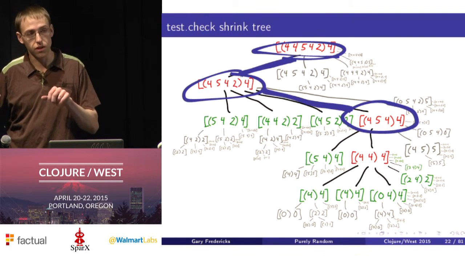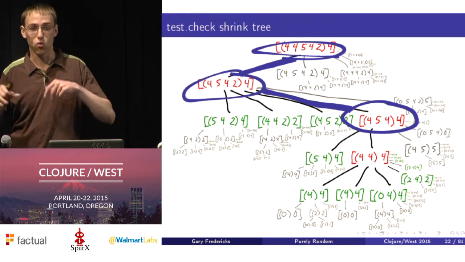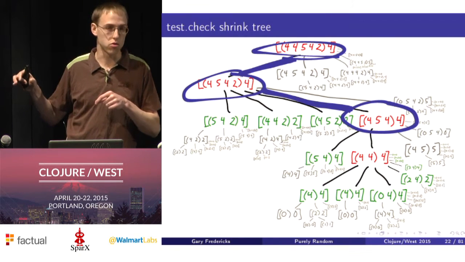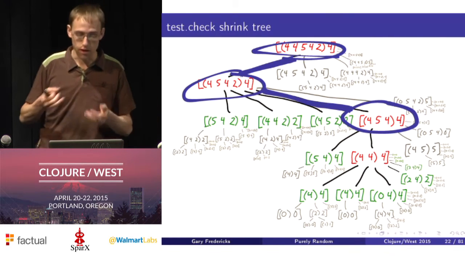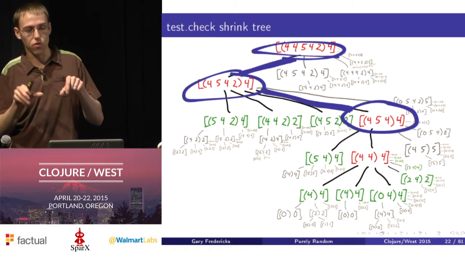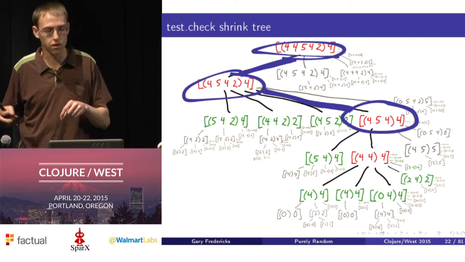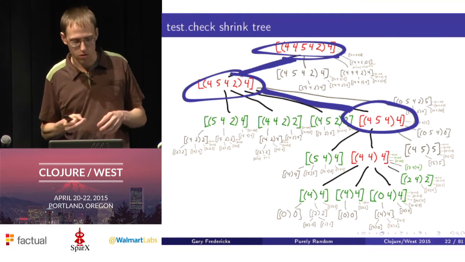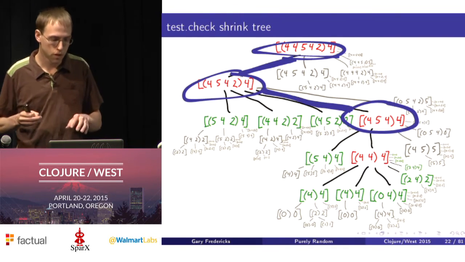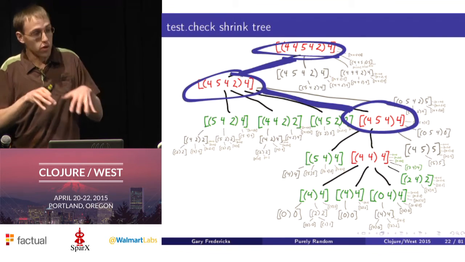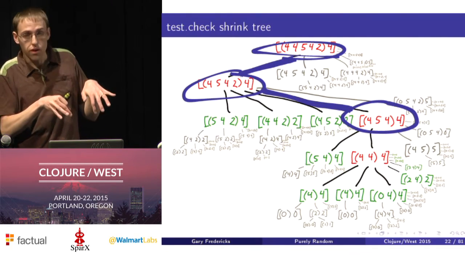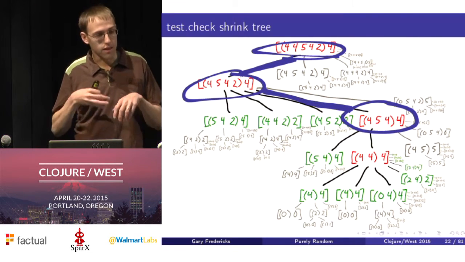And when you shrink the original list, the TestCheck will actually randomly choose another number from that new shrunken list. It does that to make sure that as it's shrinking, it always has a number that's in the list. You could imagine more optimal ways to do that, but that's a little tricky for TestCheck to figure out with the current API. So the shrink tree, the lazy tree, can require randomness as it's being realized.